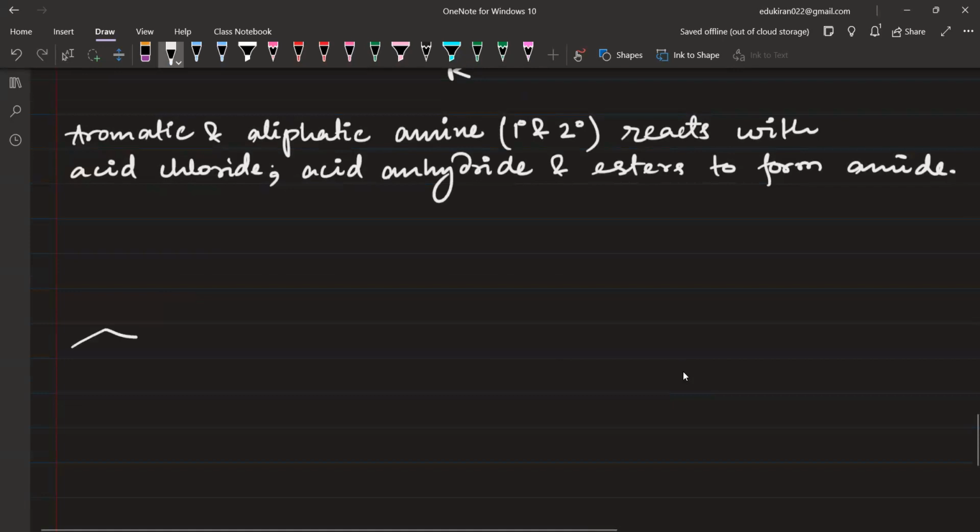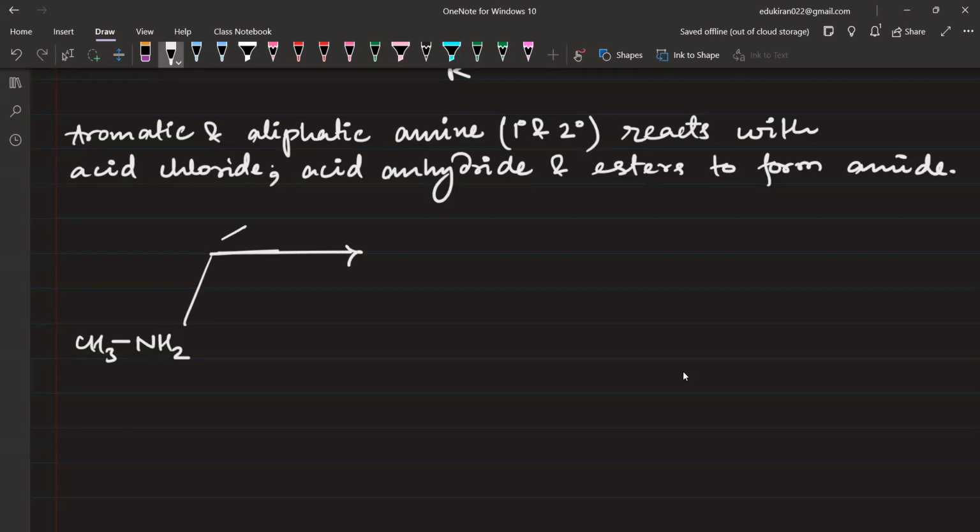Okay, let me give you a basic small example. You have 1 carbon atom, CH3NH2. This reacts with, you can have 3 carbon atoms, COCl, or it reacts with C double bond O, here also C double bond O. This is acid anhydride.